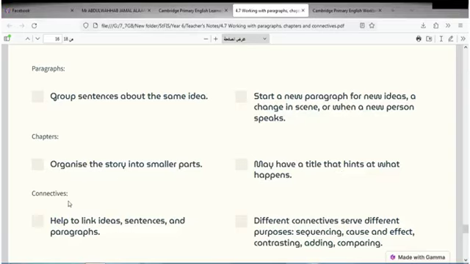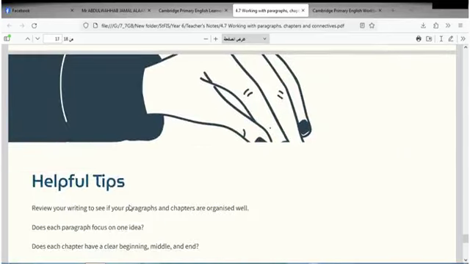Connectives are words or transition words which link words, phrases, clauses, ideas, sentences, and paragraphs. Different connectives serve different purposes. We have sequence, cause and effect or reasoning, contrasting, adding, comparing, and concluding.